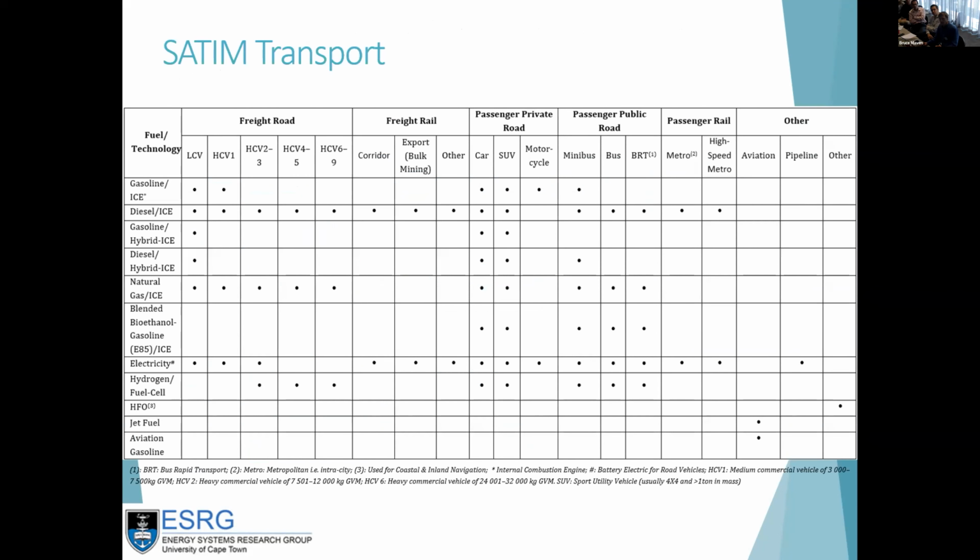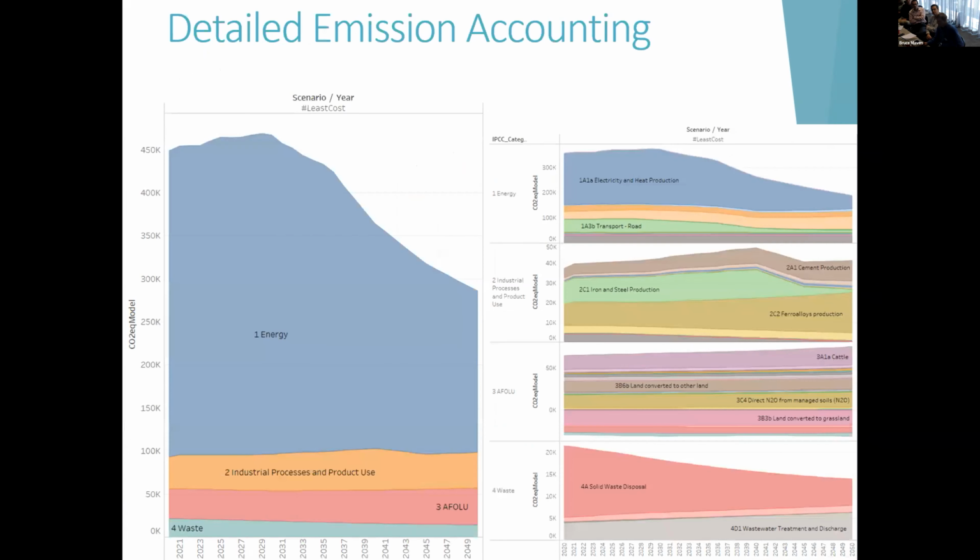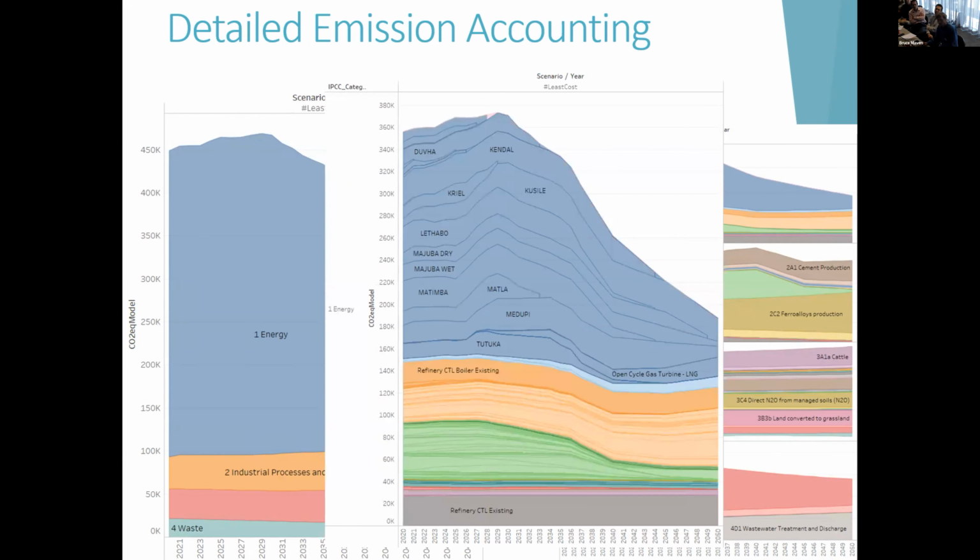We also have a detailed vehicle park model characterized with lots of different vehicle classes, which allows us to phase in electrification or hydrogenation of the transport sector. And the full inventory allows you to have the emissions at either IPCC level or down to plant level, or whatever resolution you have in terms of your technology representation.